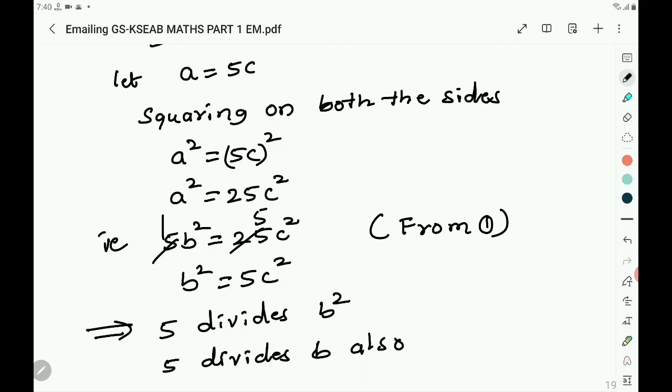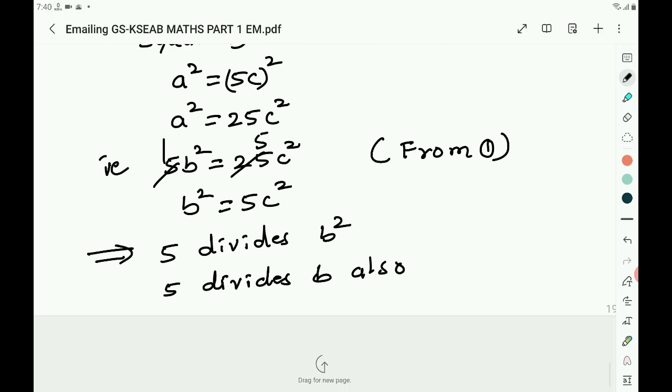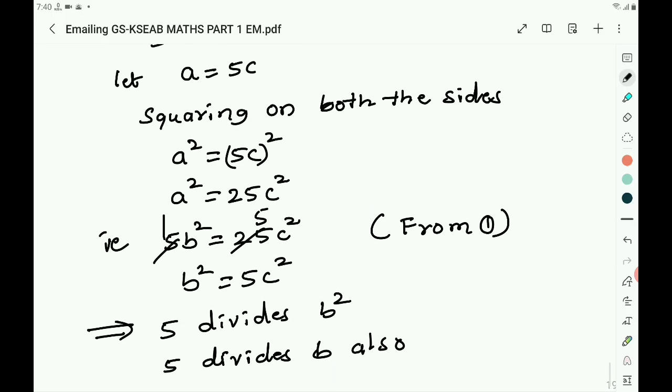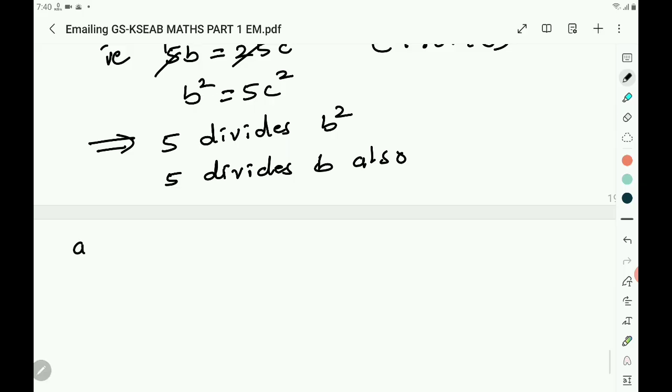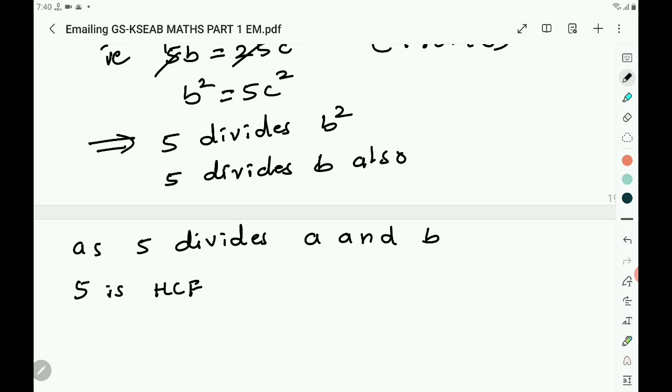As 5 divides both a and b, 5 becomes a common factor of a and b. So 5 is the HCF of a and b.